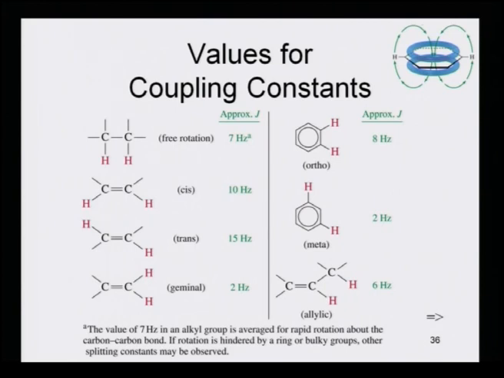So, these are some of the coupling constants. The distance between the two splitting peaks is what is known as the coupling constant, and it gives a lot of information about the arrangement of protons in a molecule.